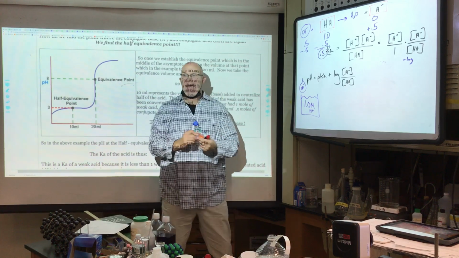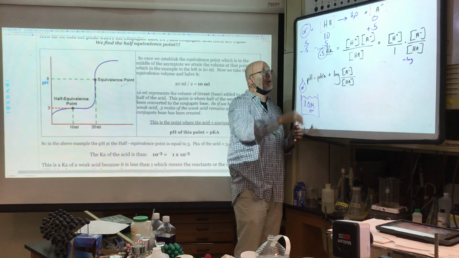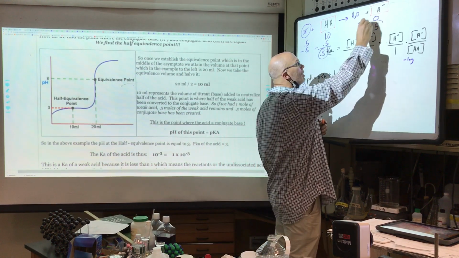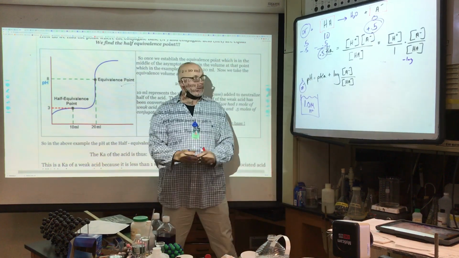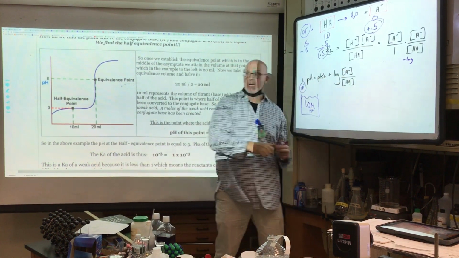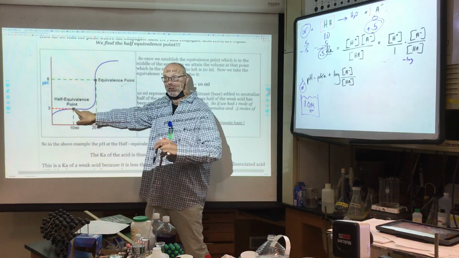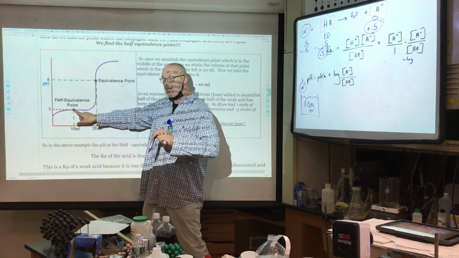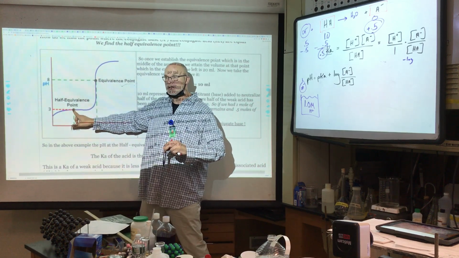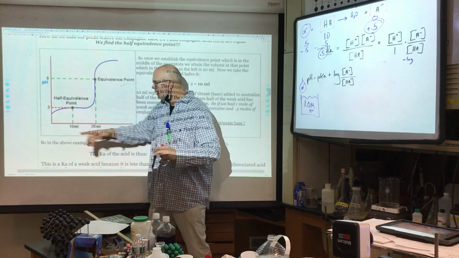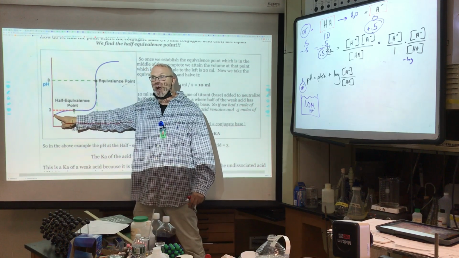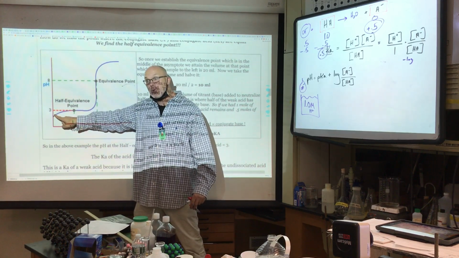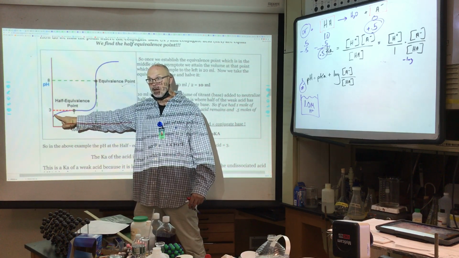What's 0.5 plus 0? 0.5. So if I half drive it forward, I'm going to have equal amounts of conjugate what? Base and conjugate acid. That's what's special. At that point, you have equal amounts of conjugate base and conjugate acid. And that should make sense to you. Because at the start, there's 100% what? Conjugate acid, 0% conjugate base.